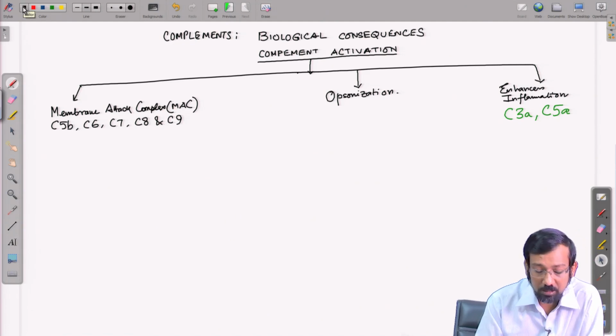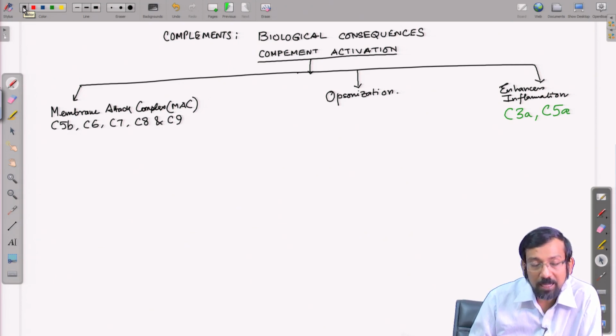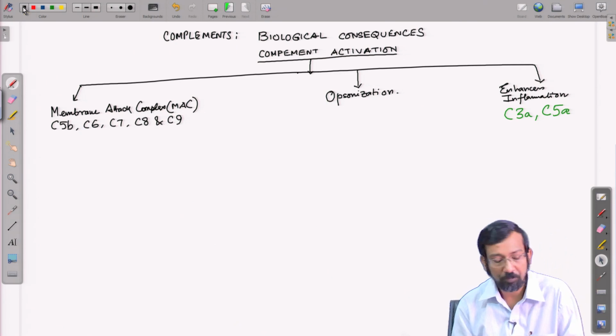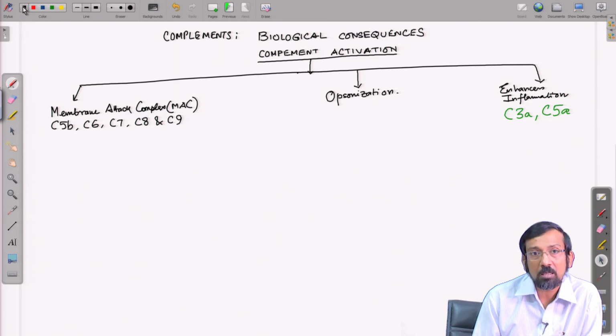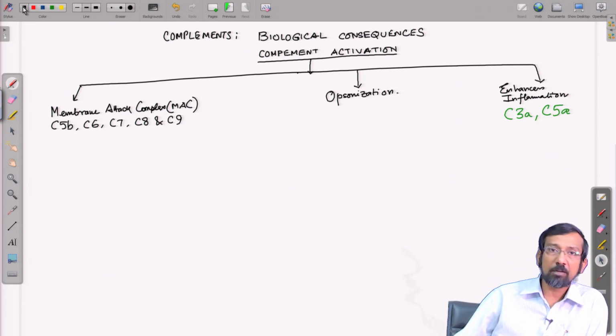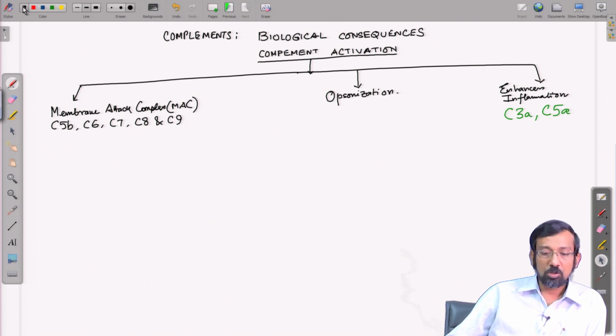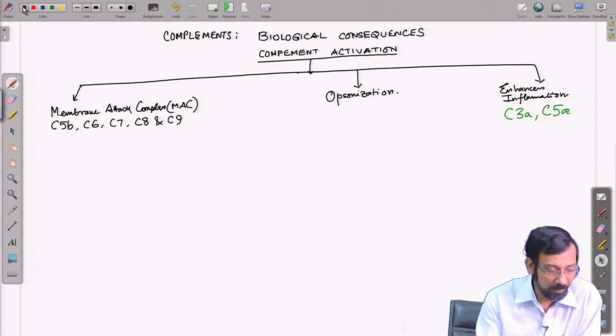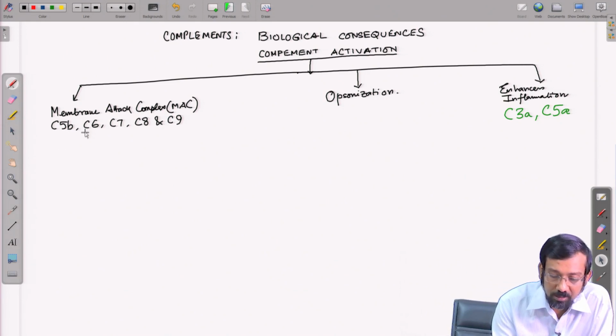So, what happens is, when the cleavage product C5b is formed, this C5b is a very labile product, it is not very stable and it cannot survive like that, otherwise it will be degraded. It cannot survive for more than 2 minutes. So, then it has to be protected or stabilized, and who does that? It is done by C6.